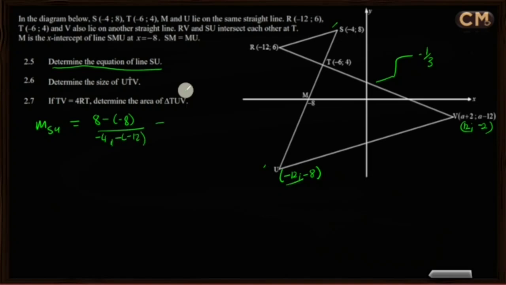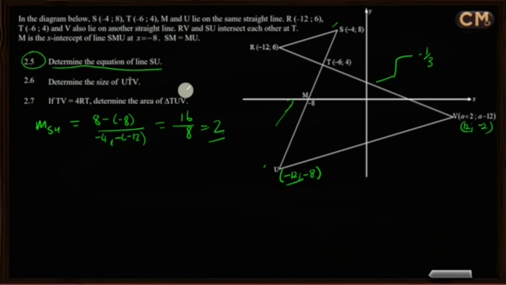Which you get from there, and that's all equal to 16 over 8, which is equal to 2, which is a positive value, and that checks out because, well, we can see we are going upstairs as we move from left to right. This is 2.5 we're working on, of course.